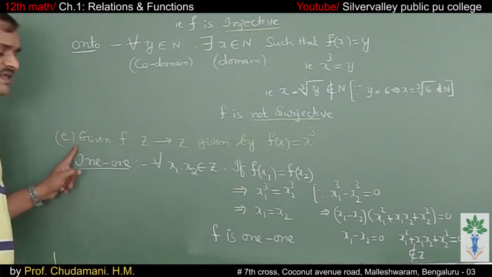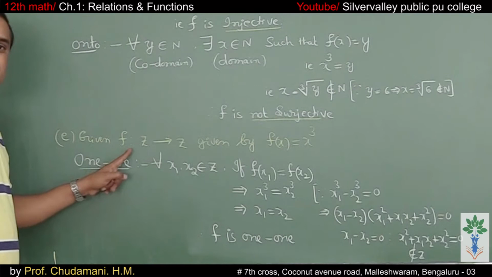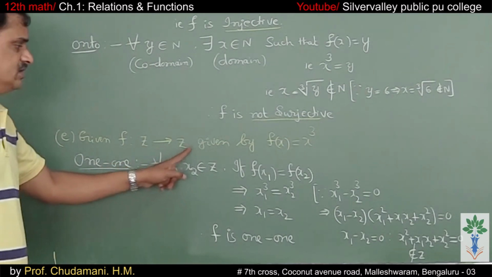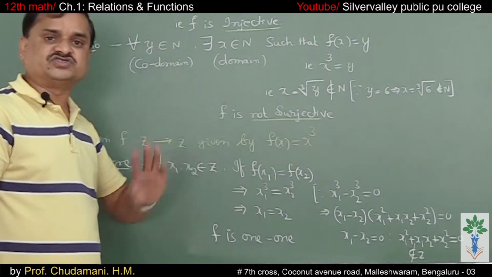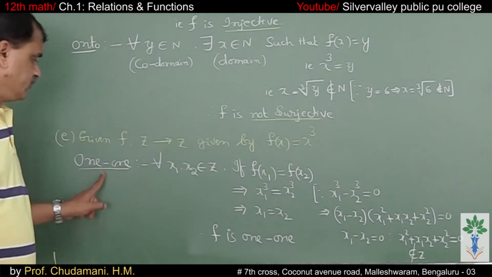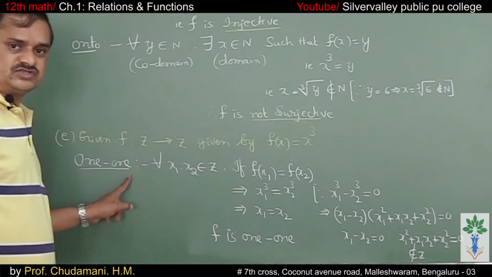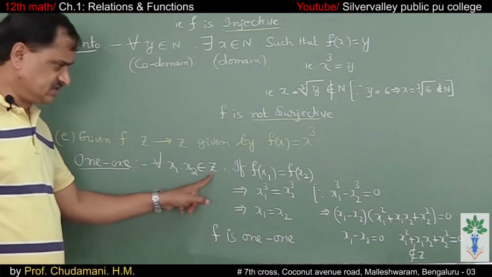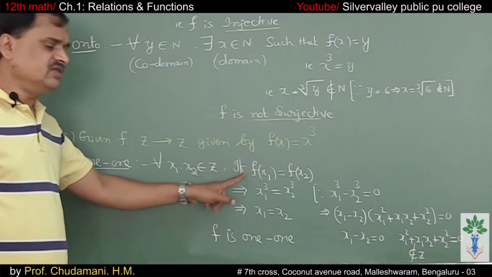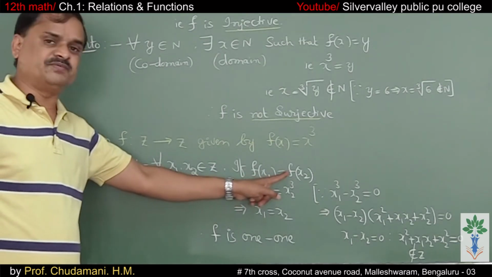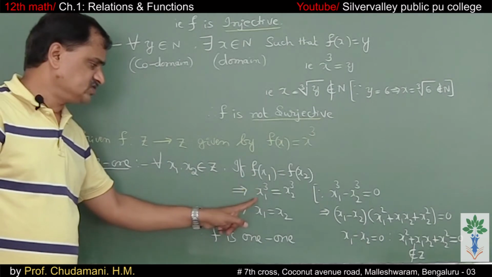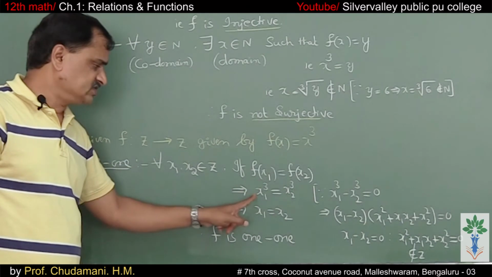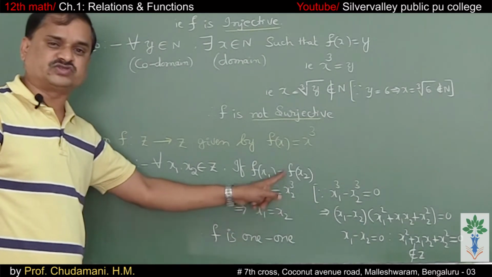Next, number E. The given function is f from Z to Z, integer to integer, given by f of x is equal to x cube. So let us verify one-one. For all x1 and x2 belonging to the domain, that is the set of integers, if f of x1 equals f of x2 implies x1 cube is equal to x2 cube.